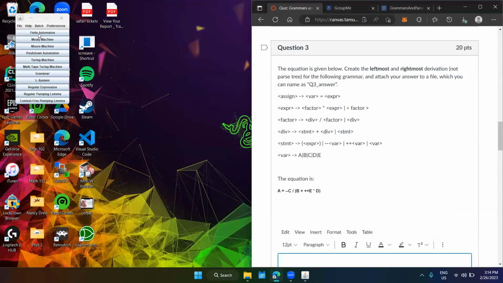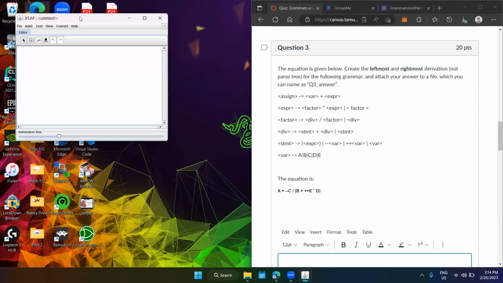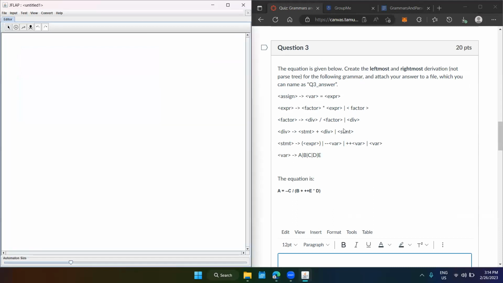And it's the first one, right? Finite automaton. Yes. Okay, so we're gonna start off with assign. Assign points to, okay, we're gonna have A on the left.